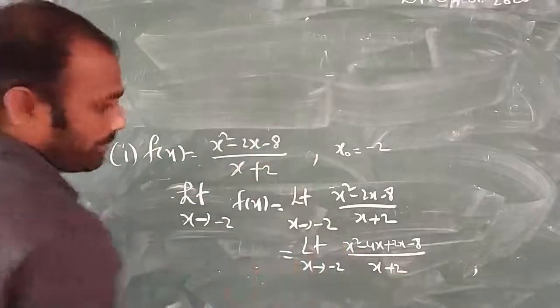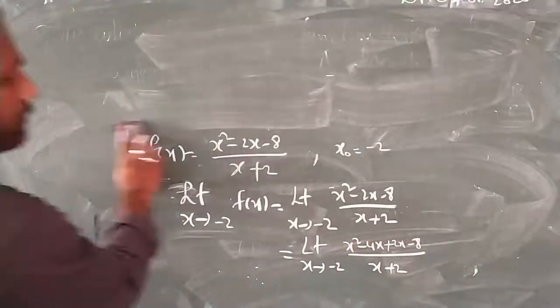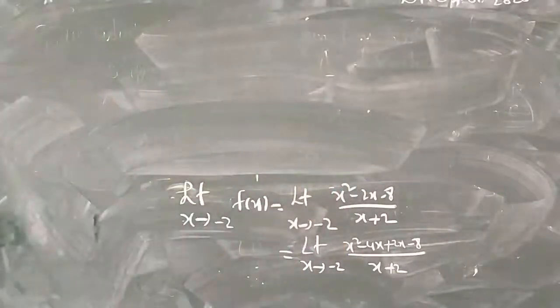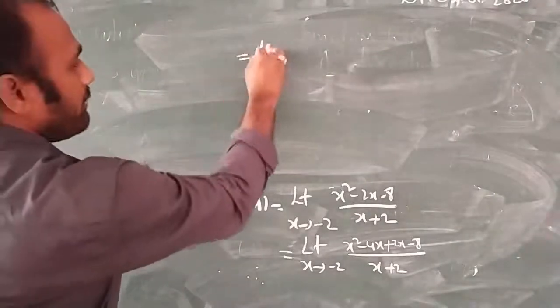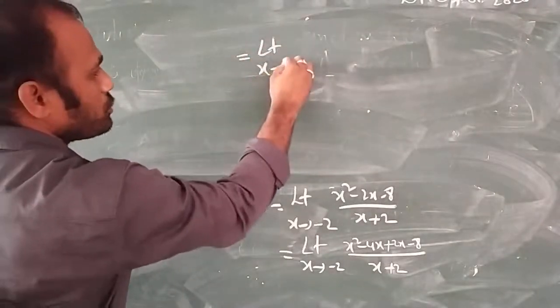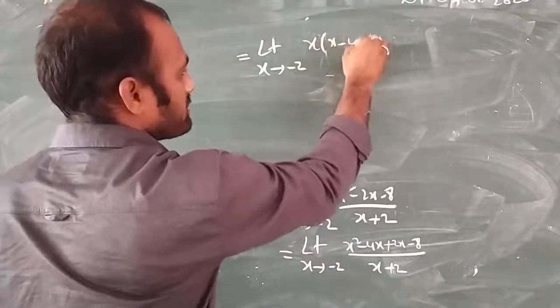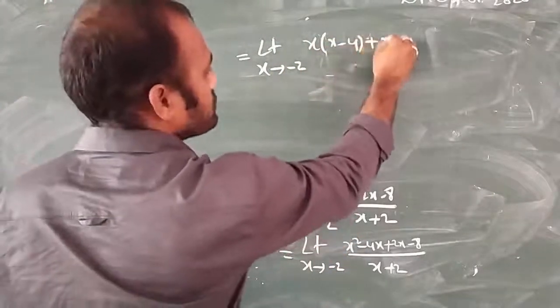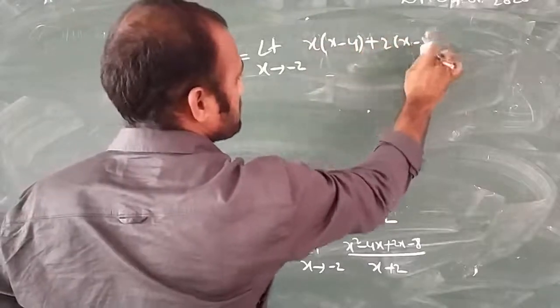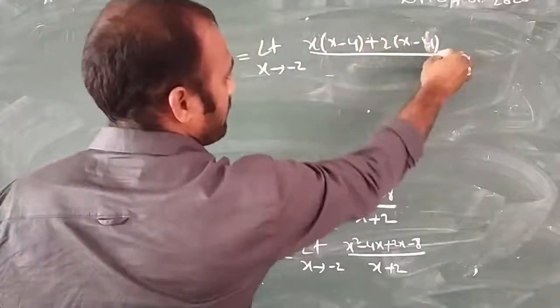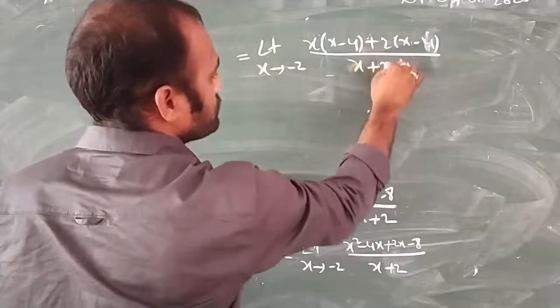If I take common in this, we are going to get limit x tends to minus 2. Taking x common, it will be left with x minus 4. Next plus 2, I can take common x minus 4, divided by x plus 2.